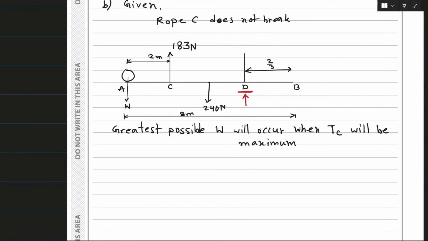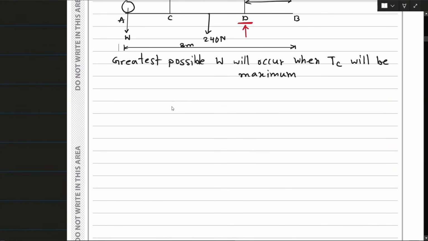Taking moment at point D will require us to use the value of tension at C and use the value of the weight of the beam and the weight of the package. So from that we can easily find out the value of W. As we know all other variables, we can easily find out the value of W because that will be the only unknown in our whole equation.